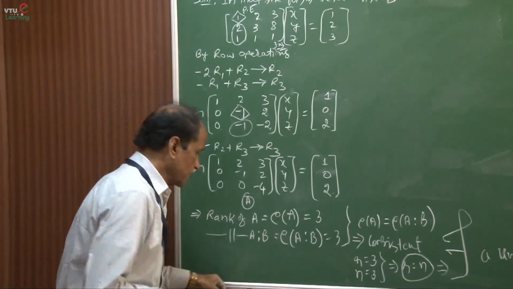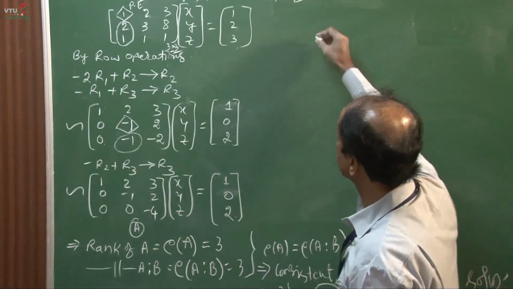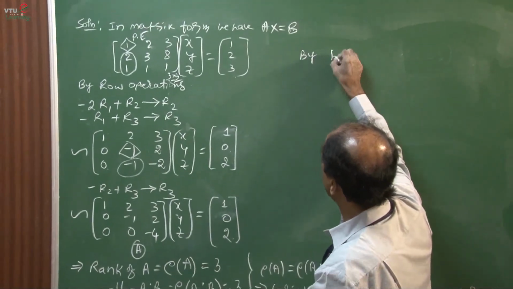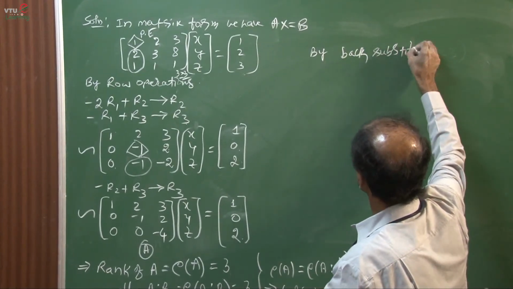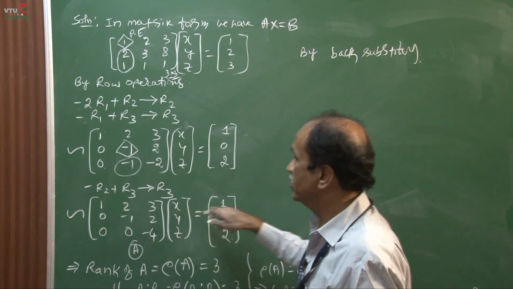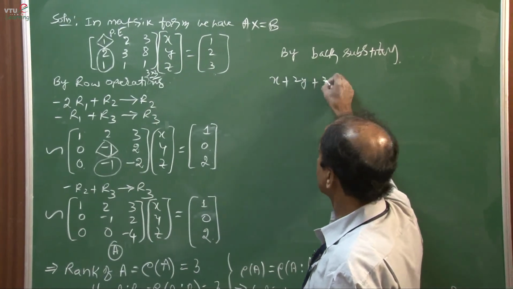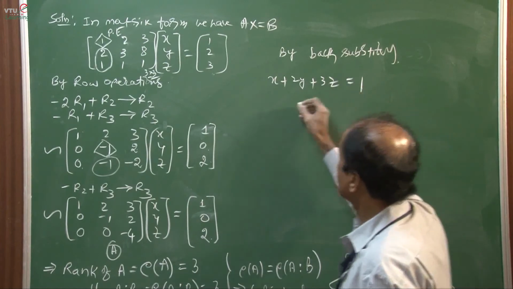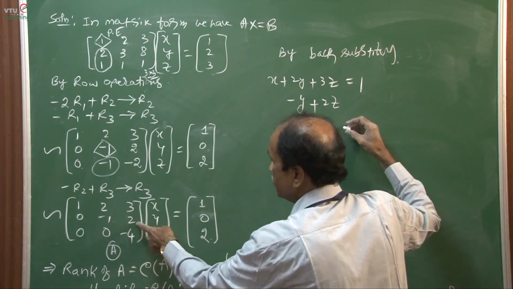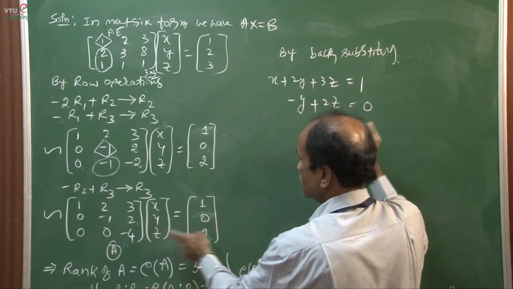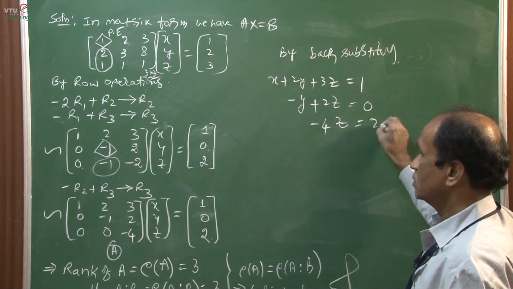Single solution means immediately you can reconstruct the equations by what is called back substitution. By back substitution, you can form the equations row into column, that is x plus 2y plus 3z is equal to 1, and minus y plus 2z is equal to 0, and minus 4z is equal to 2.